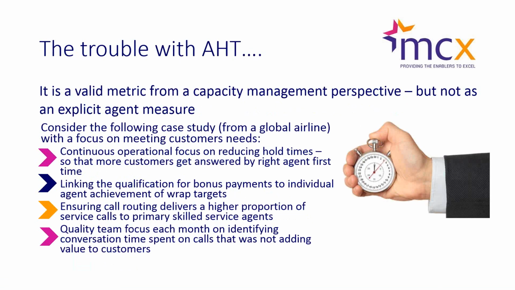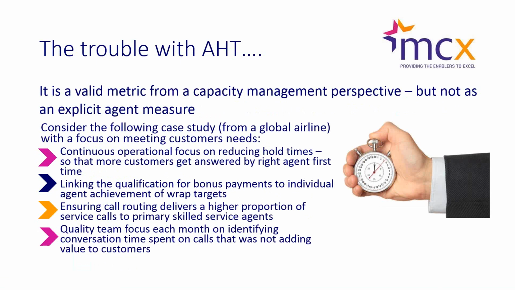I've now got a couple of case studies, and what I want to illustrate in this next section is that having the metrics is one thing, but it's what you do with them that, in my world, is far more important. I'm going to dwell on AHT, and in the prelude to this, as we were waiting to start up, a number of people put into the chat room that AHT is something that they measure.